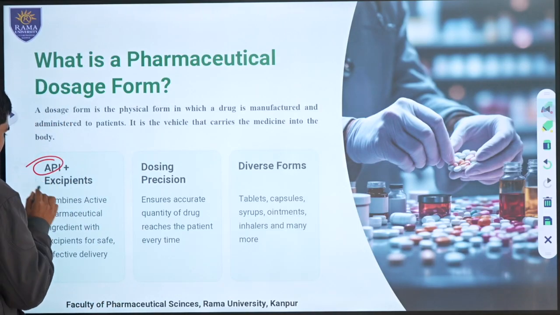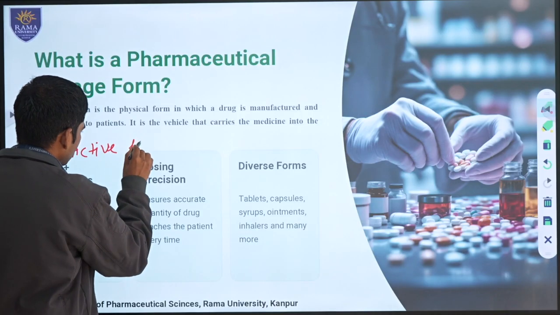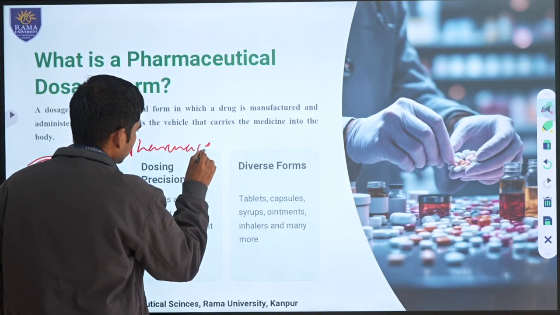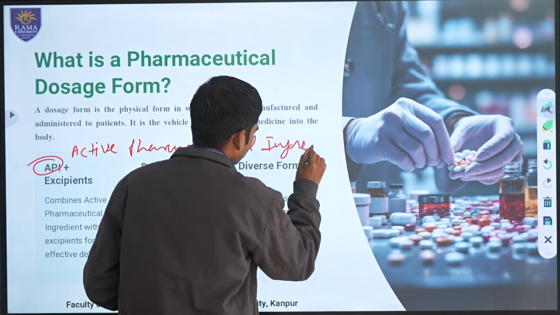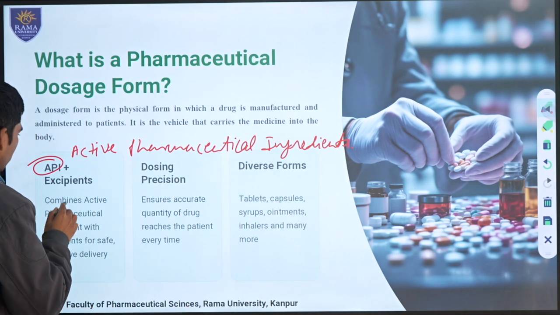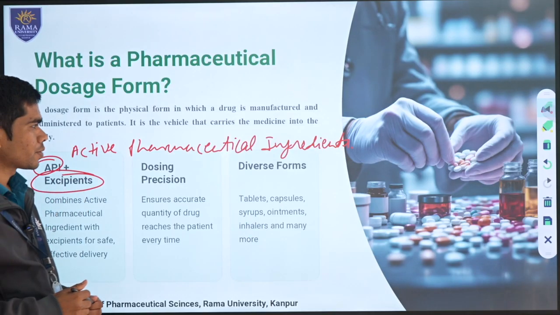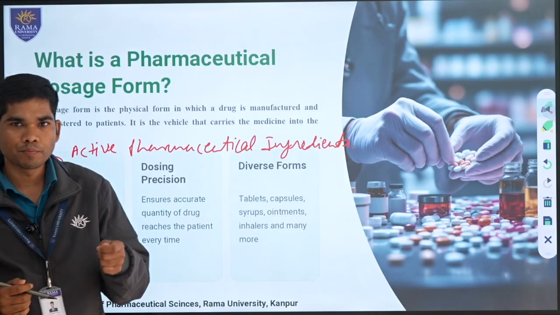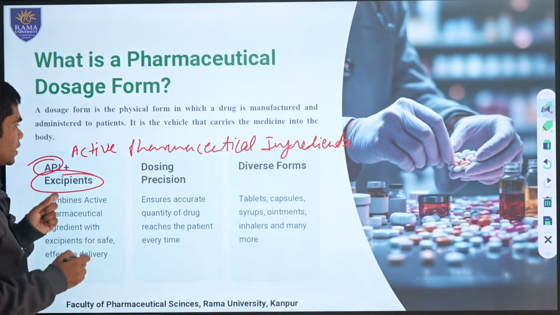First one is API, which is active pharmaceutical ingredients, and the second is excipients. API stands for active pharmaceutical ingredient, which is the main component of any dosage form. That is the drug.